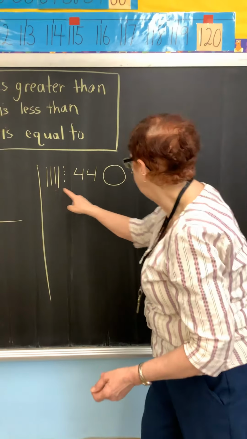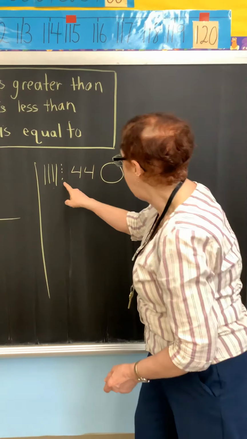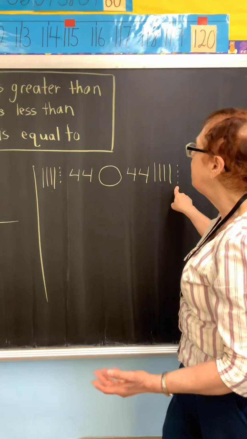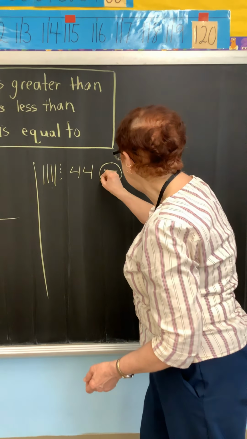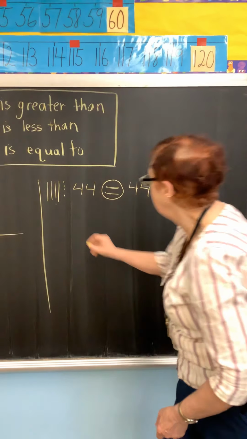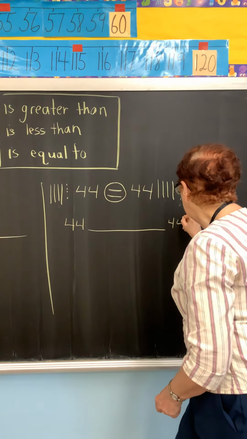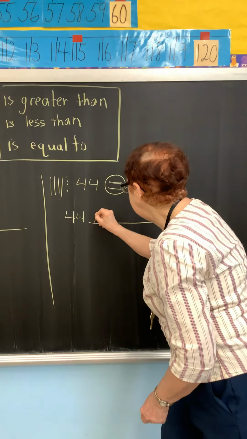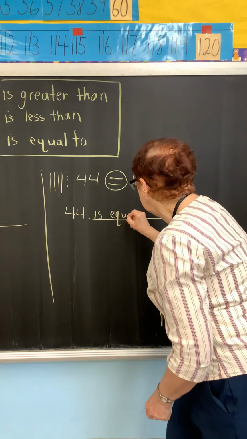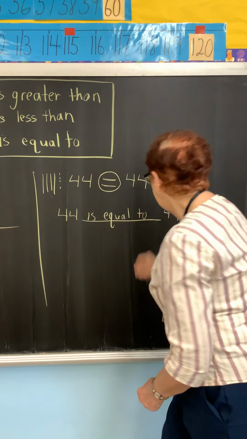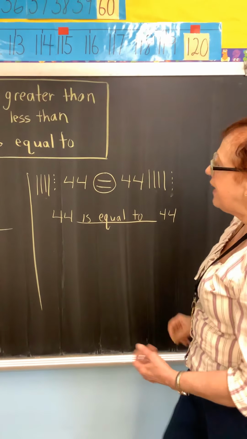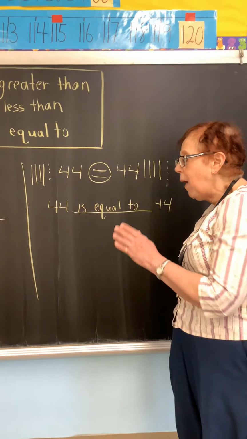They both have 4 tens. They both have 4 ones. So the sign that we're going to use is an equal sign. And when we write it, because this is what you're going to have to do, 44 is equal to 44, okay? And that's pretty much part of the lesson.